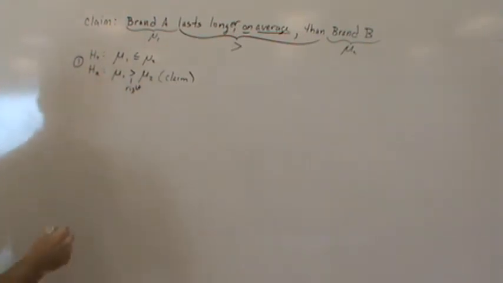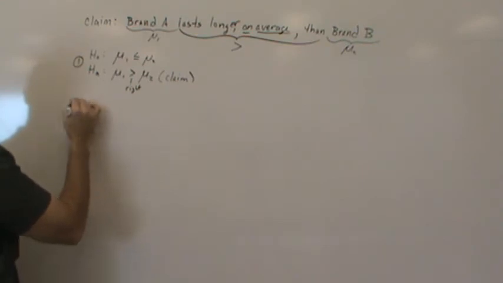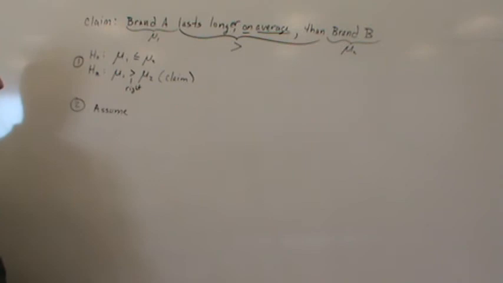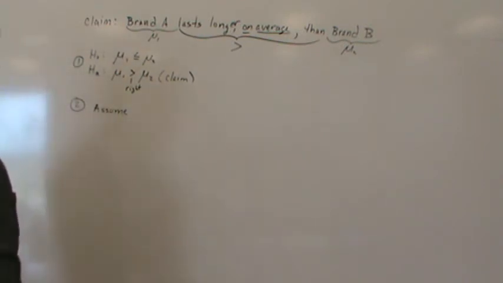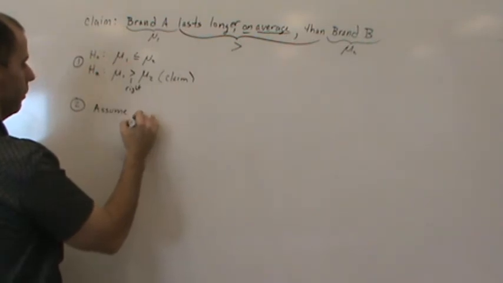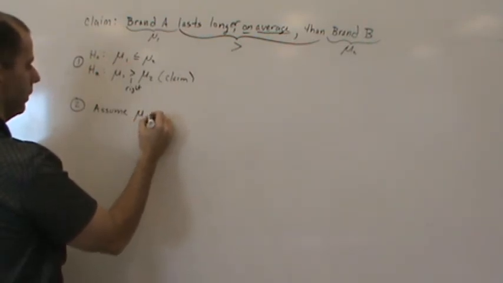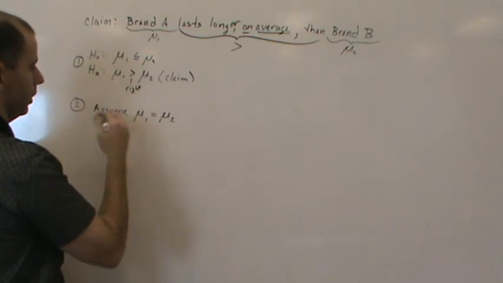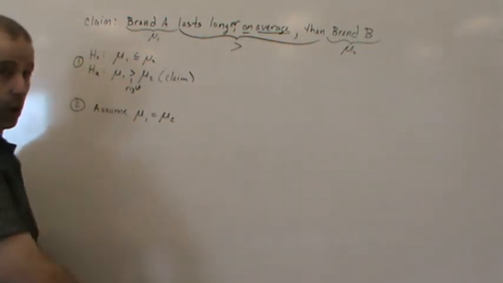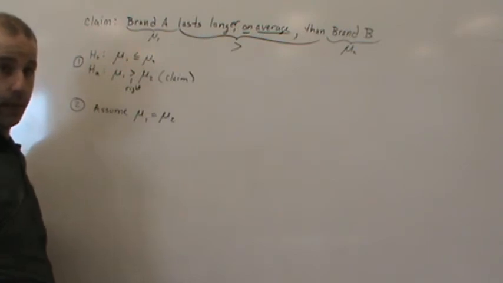Now again, step 2 is always the same. We're going to assume the null is true. In other words, we're going to assume that mu1 is equal to mu2, and in fact this is always going to be our assumption.